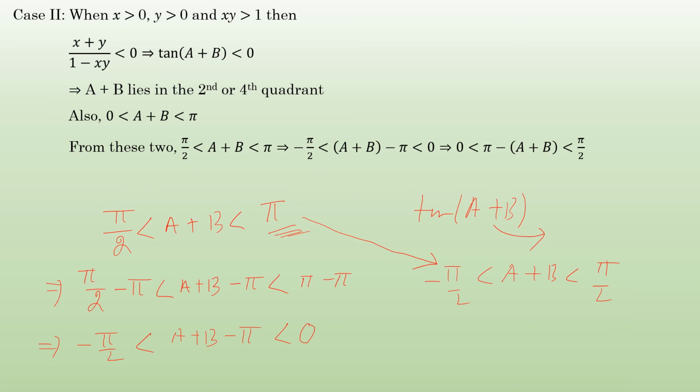So obviously you can solve the problem or proof from this line, but for our convenience I am taking another line by taking a negative sign. If you take a negative sign product, then it will be pi by 2. This inequality sign will be reversed. It is pi minus a plus b, and this is reversed 0, and that is written in this way. 0 is written on the left, then pi minus a plus b, then pi by 2. So it is actually this one.